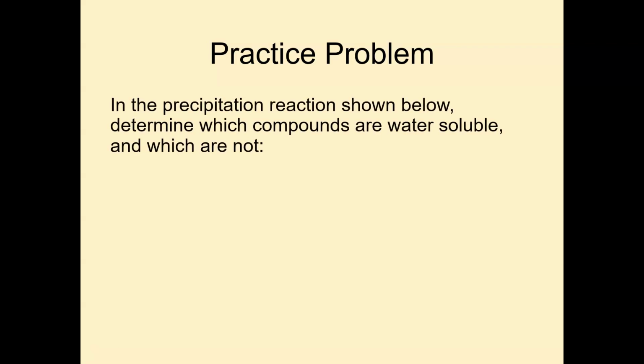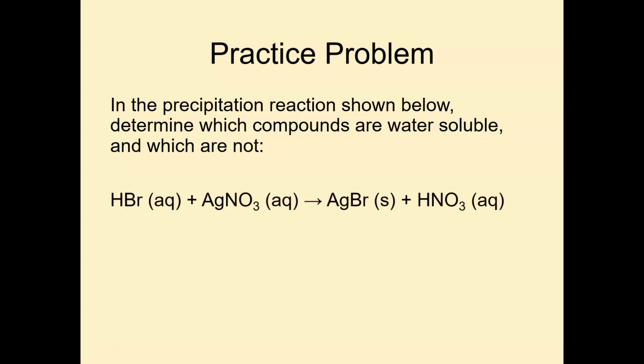All right, let's try one more practice problem just on this topic, and then I'll be through with this particular video. Let's try a different precipitation reaction. In the one I'm about to show you, I'm asking you to determine which compounds are water soluble and which ones are not. So here is the reaction.